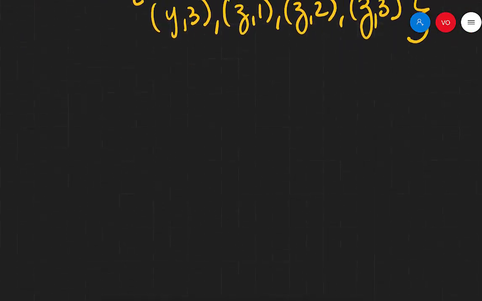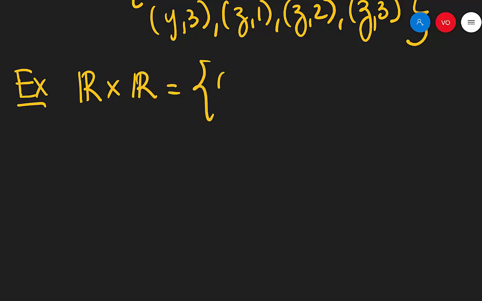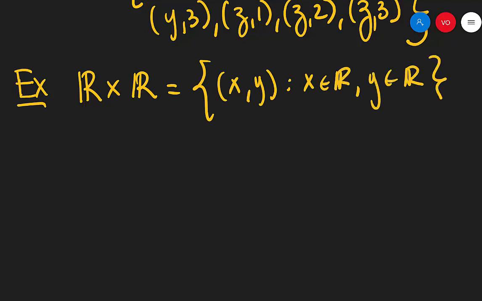We can also have other more interesting examples. So for example, if you take R cross R, this is the set of all ordered pairs (x, y) such that x is in R and y is in R, and this actually corresponds to a plane.